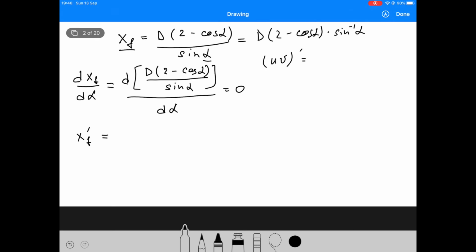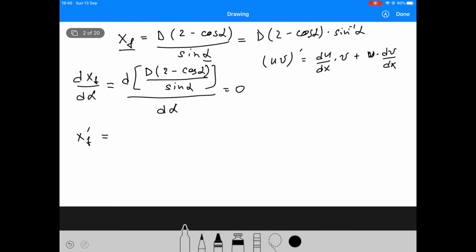The derivative will be du over dx, multiplied by v, plus u times dv over dx. And keep in mind that this sine to the minus first power of alpha is a complex function, so we need to take the derivative of its power first and then of sine itself.